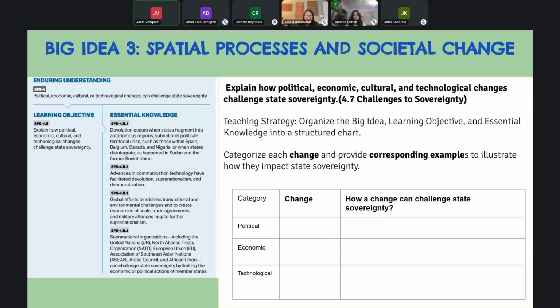But by this moment, they already know most of all of this content. So my teaching strategy is that I like to organize the big idea, the LO, and the EK into a structured chart. And then I categorize each change and provide a corresponding example to illustrate how each of these changes is going to impact state sovereignty.